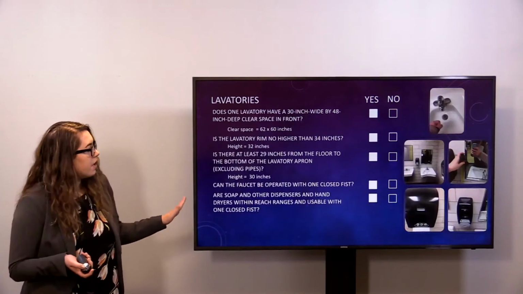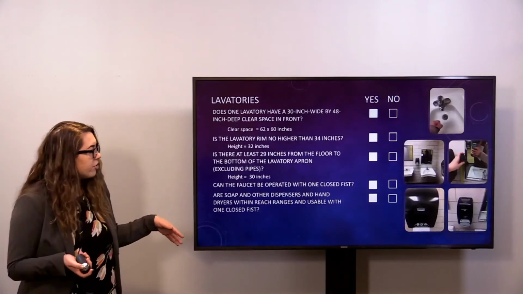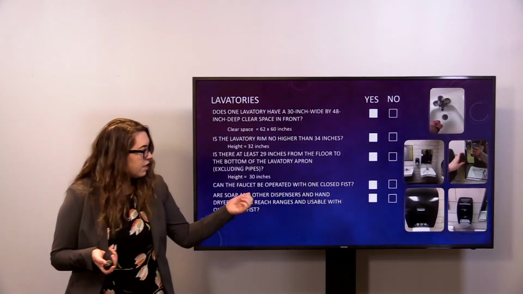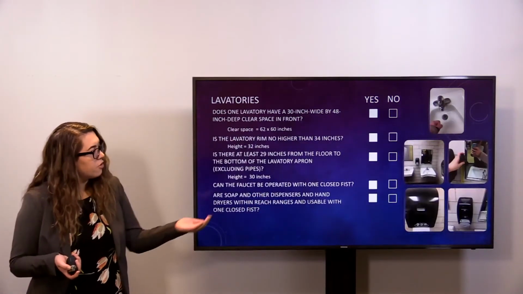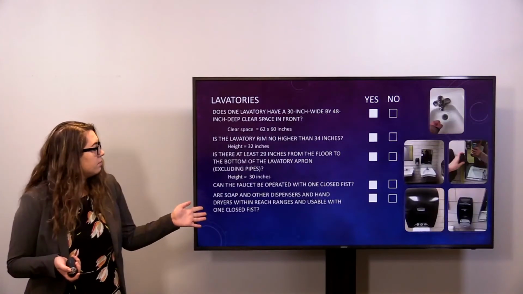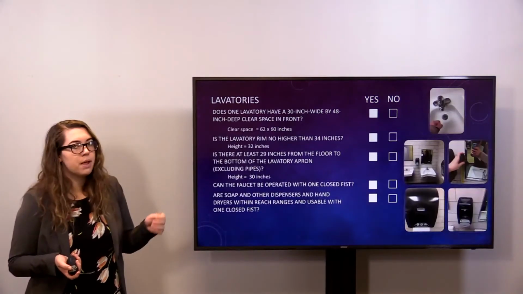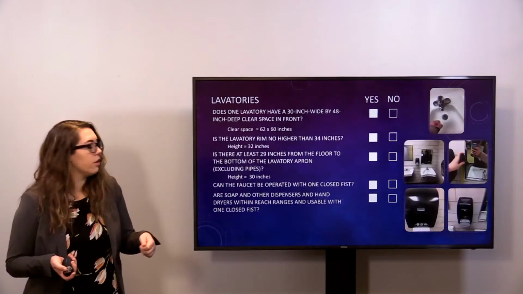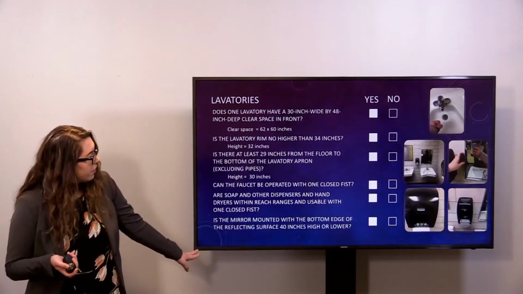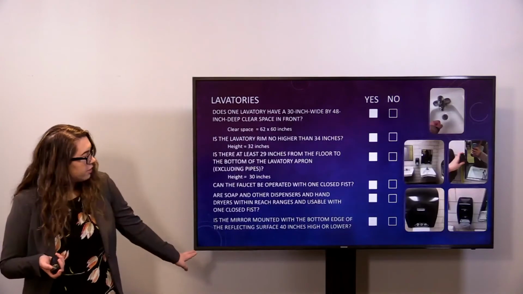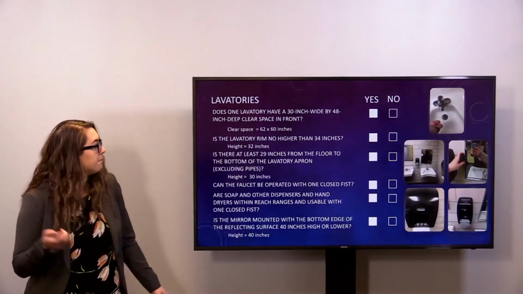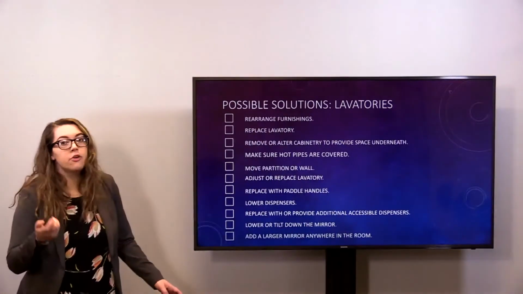Are the soap and hand dryers within reach ranges and usable with one closed fist? They're both within reach ranges, and the soap is just a pump, and there are no hand dryers, it's paper towel, and you can easily pull it off the wall. Is the mirror mounted with the bottom edge of the reflecting surface 40 inches high or lower? It is mounted at 40 inches high. So there are no barriers.